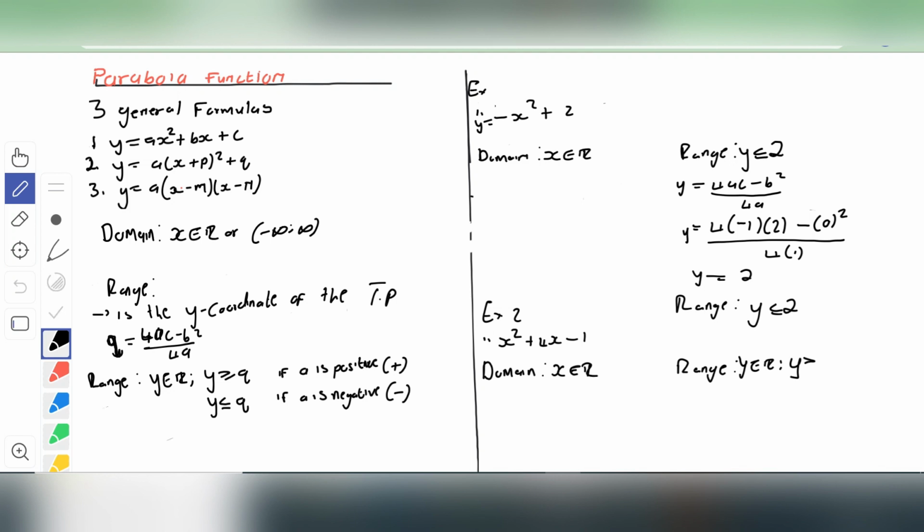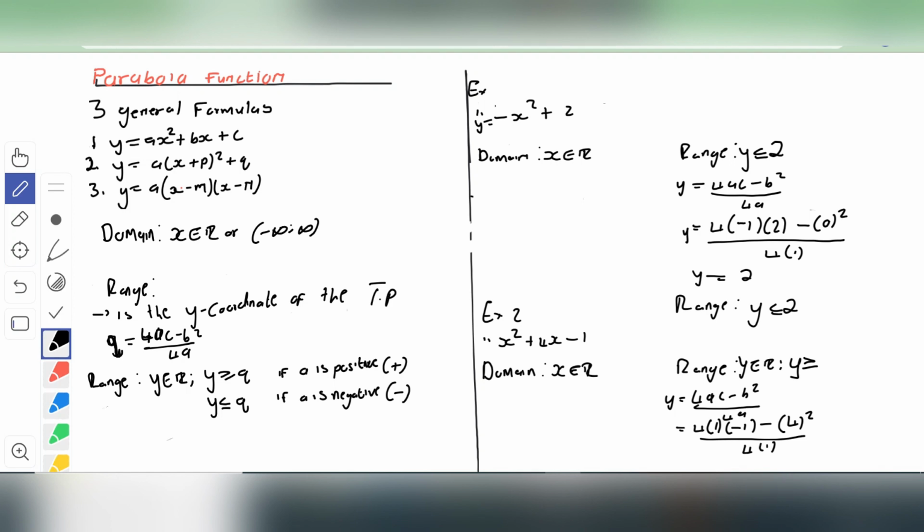Our a is positive here, so it's greater than. What is the y coordinate of the turning point? If you didn't calculate it, you can calculate it using this formula: y is equal to 4ac minus b squared, all over 4a. So we're going to have 4 times a, which is 1, times c, which is -1, minus b, which is 4, all squared, all over 4 times 1.